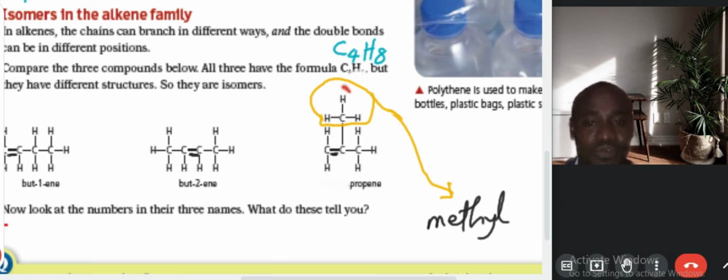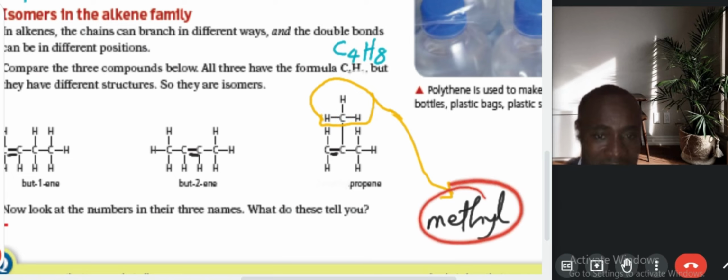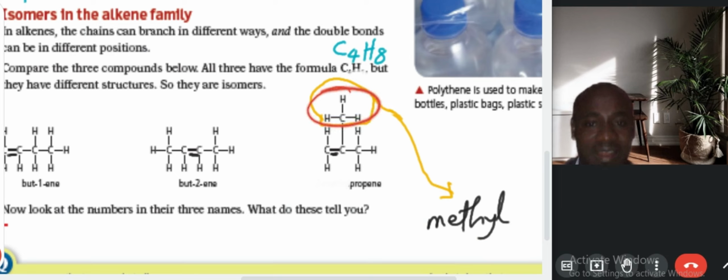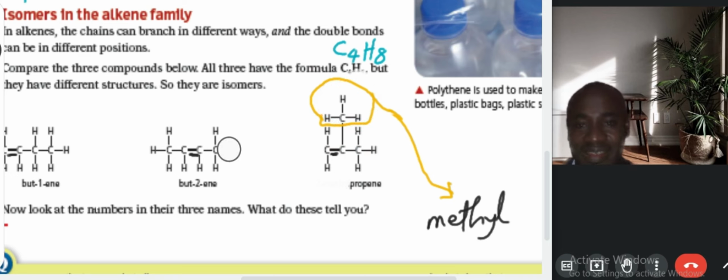If it had 4 hydrogen atoms, we would have called it methane, but it's a methyl, and it is attached to the second carbon in the original straight chain. And so this is the way we name this. Because it is attached to the second carbon, you say 2-methylpropene. And so that's why the name is like this.